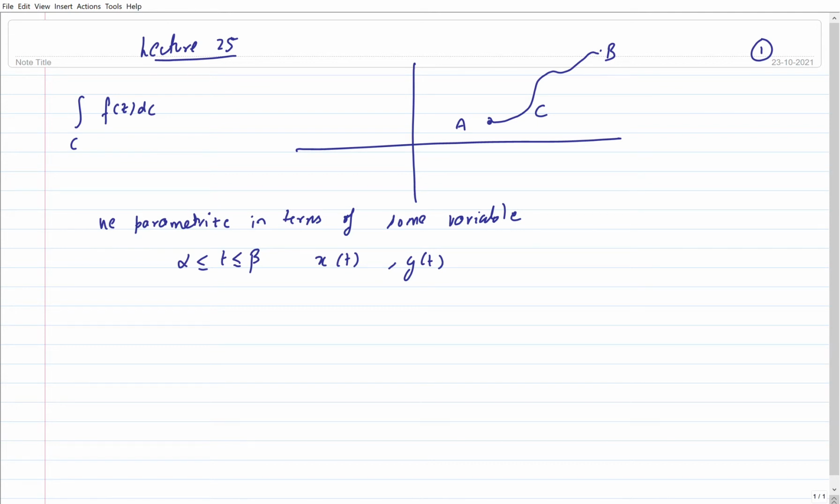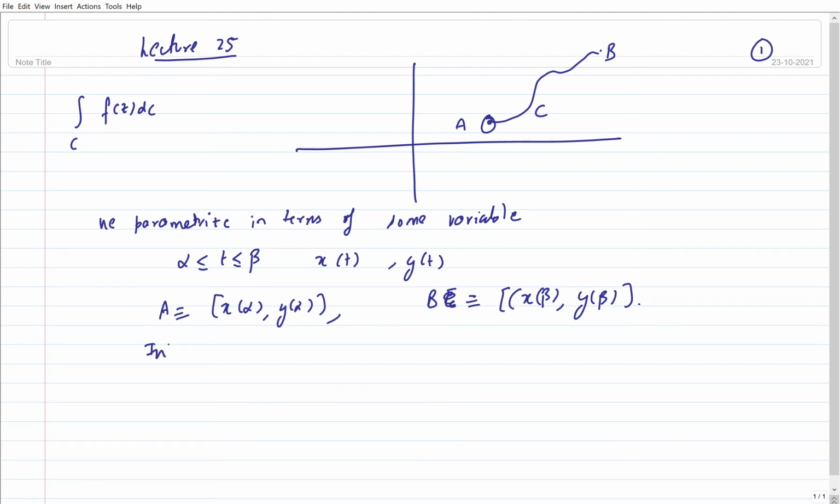So what does A become? The point A over here becomes x(alpha), y(alpha), real and imaginary parts. And similarly, B becomes x(beta), y(beta).